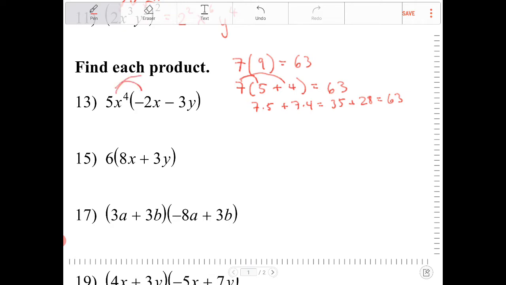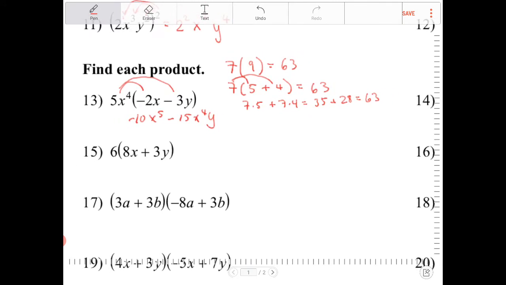We're going to distribute this in, and this becomes negative 10 x to the 5th minus 15 x to the 4th times y. Just another way of demonstrating this concept again, I'm just going to draw another picture here. Let's say I have a rectangle.